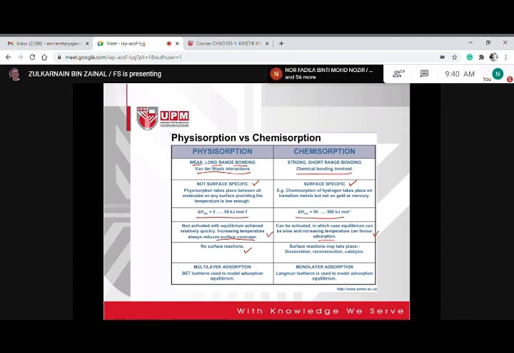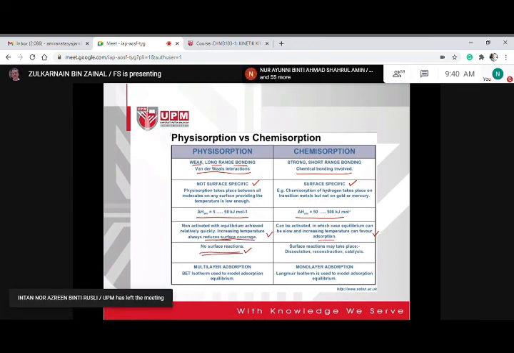For physisorption, increasing temperature reduces the surface coverage, meaning that high temperature favors desorption rather than adsorption. So that's a big difference between chemisorption and physisorption. Physisorption involves no surface reaction.